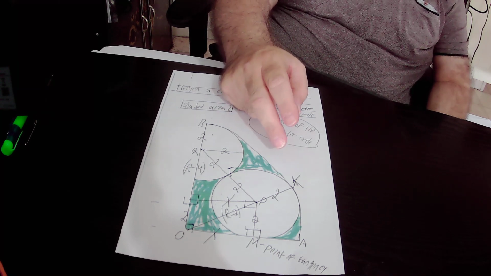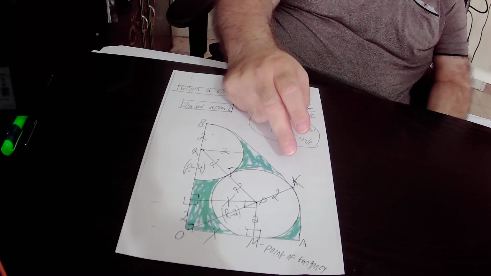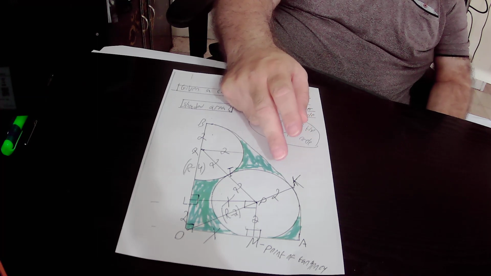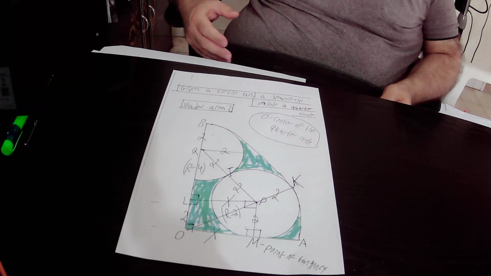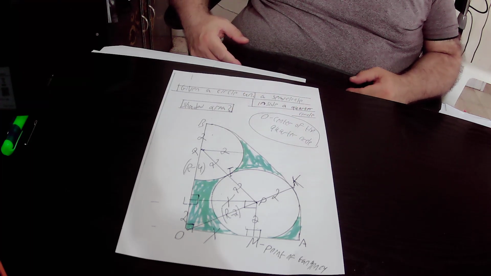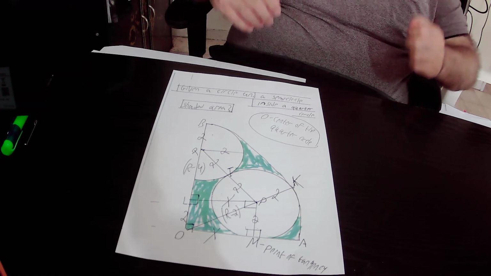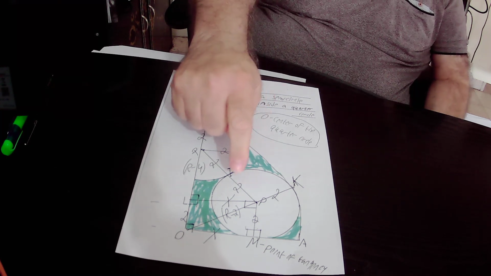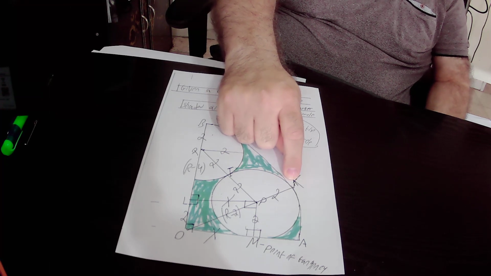That is to say, those two circular shapes are touching each other internally at point K. And whenever you have an internal tangency between two circular shapes, the straight line that joins their centers together must pass through their touching point. In this case, it's point K.